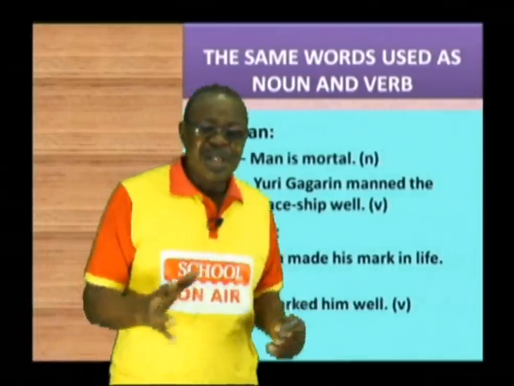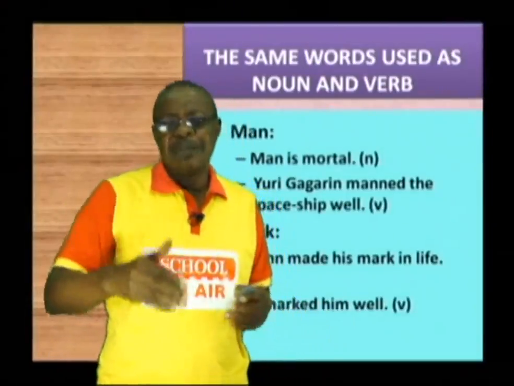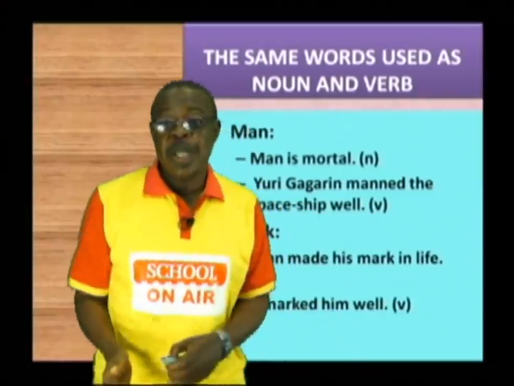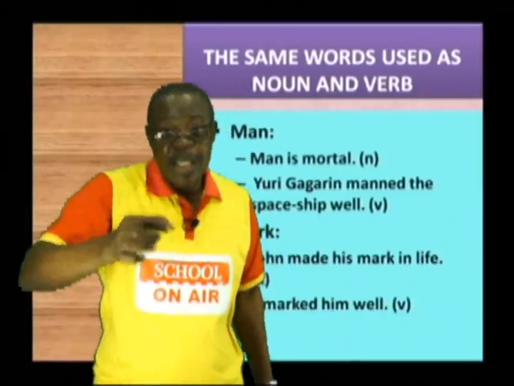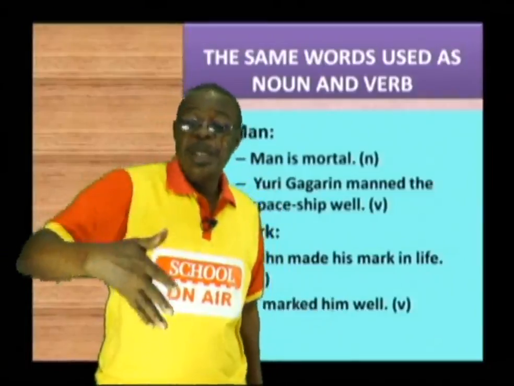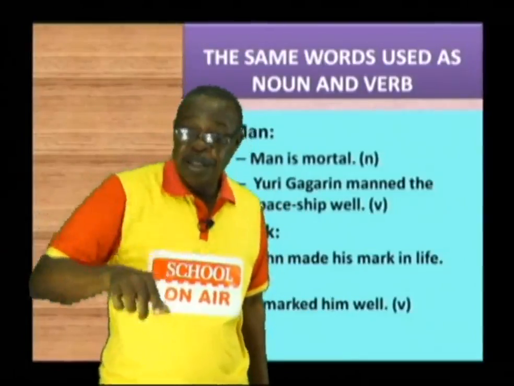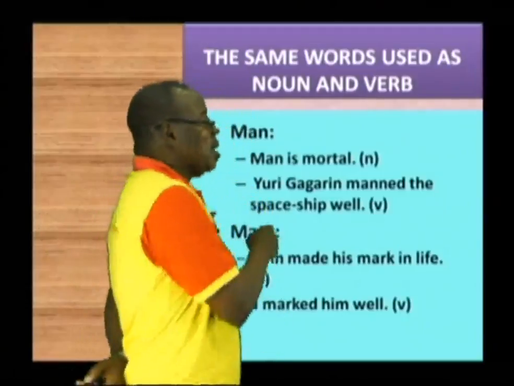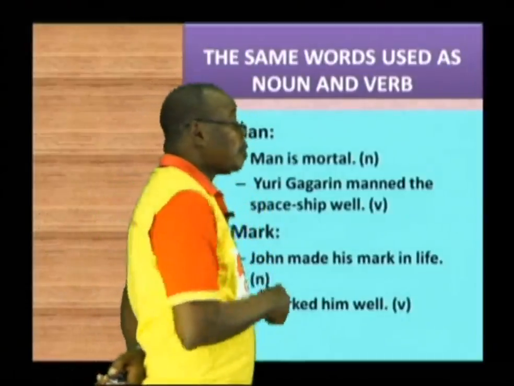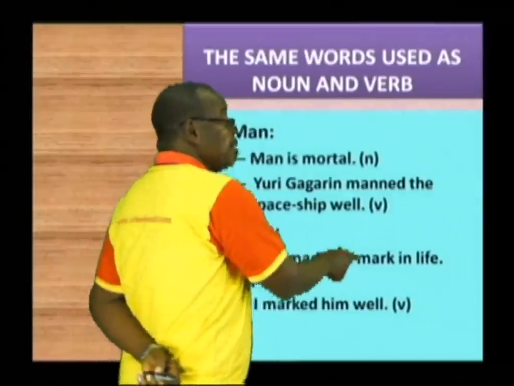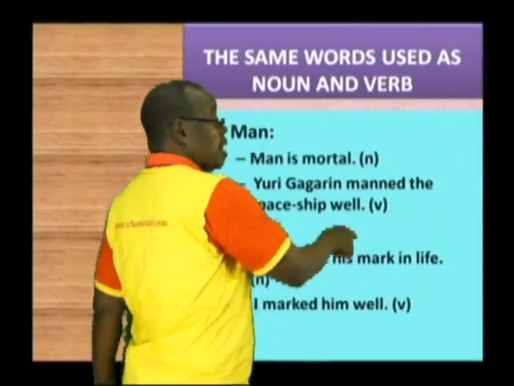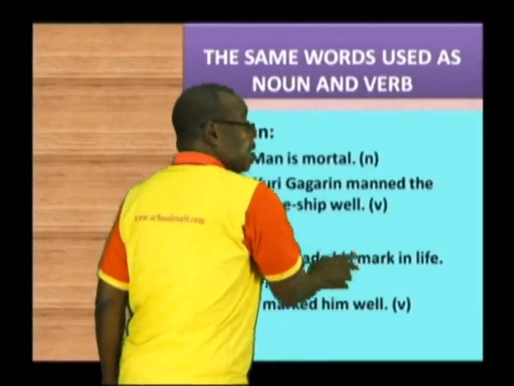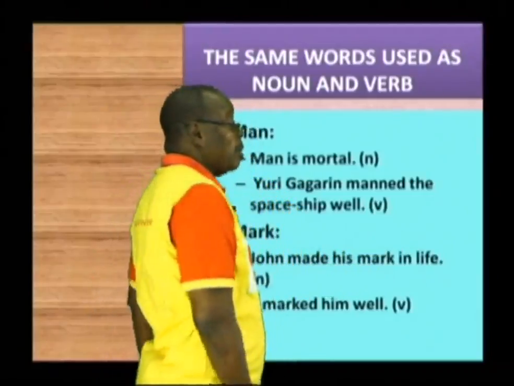Okay, the essence of this is to show you that a word can be used in two places. It could be used as a noun, it could be used as a verb. It's for you to look at the context and give the meaning, or look at the environment of the word and give the meaning. Look at the next word, mark. John made his mark in life. Here mark is used as a noun.